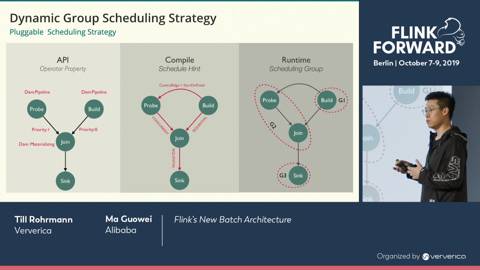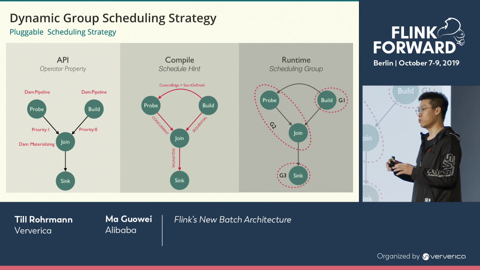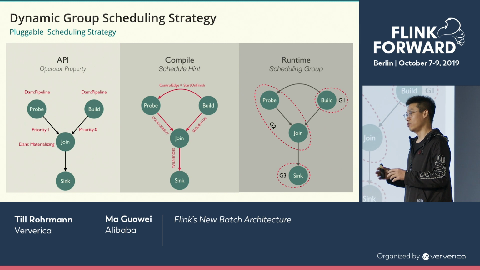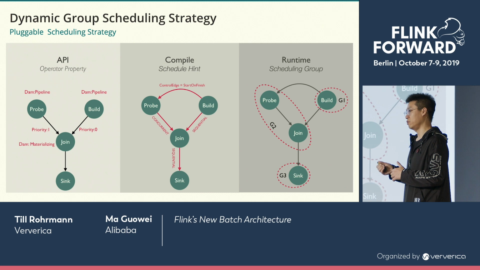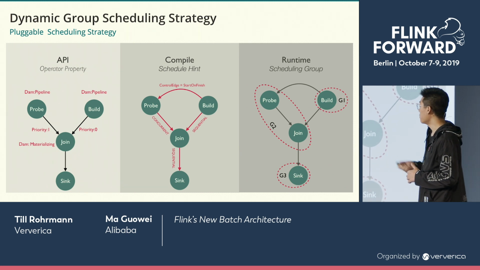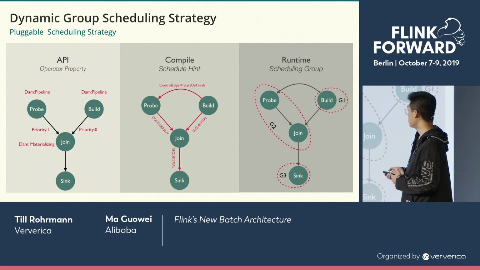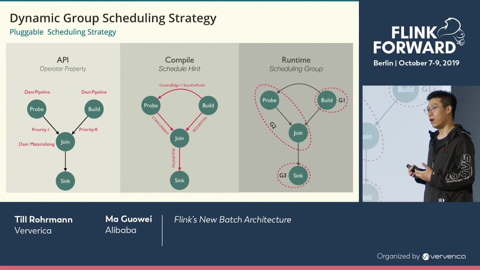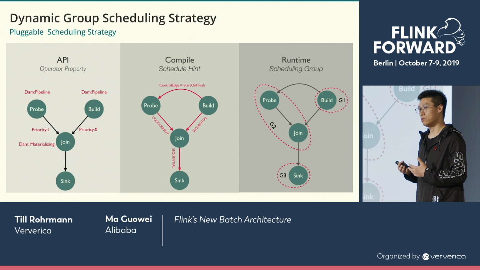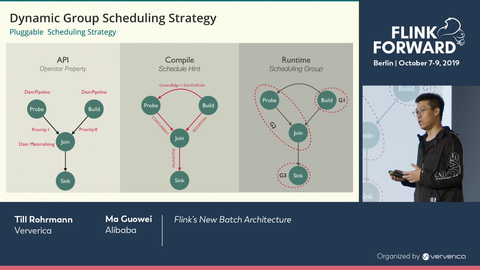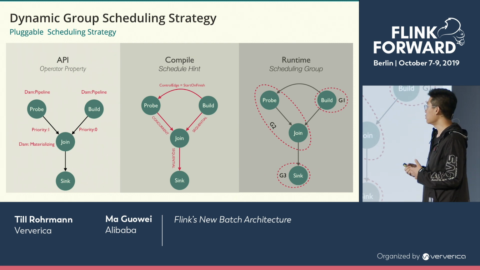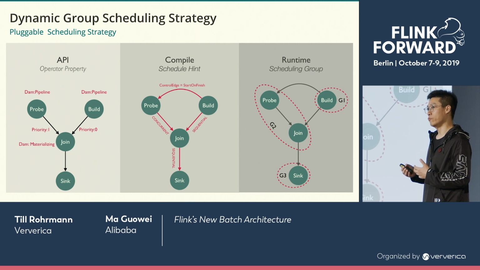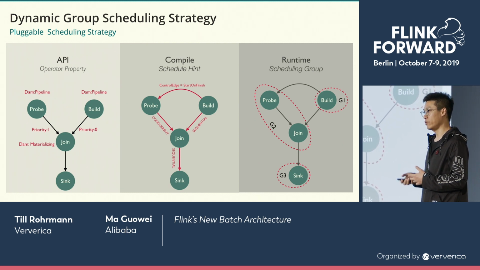We call this a task scheduling group. Because the resource is different at runtime, the group might be different, so this is why we call this plugin the dynamic group scheduling strategy. In summary, this plugin uses scheduling hints to avoid scheduling idle tasks and considers the resource at runtime when scheduling tasks to avoid job failures owing to insufficient resources.